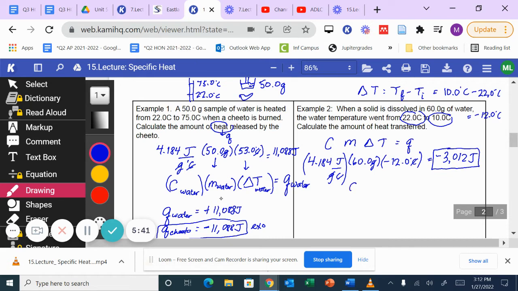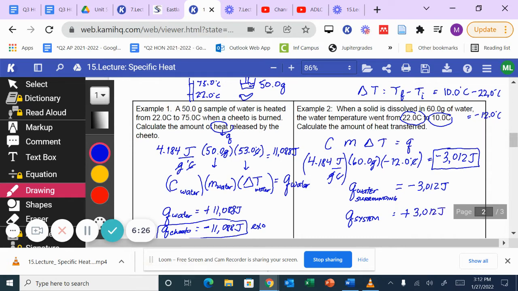Okay, let's go ahead and analyze that. This is Q, which went into the water. The water is the surroundings. Whenever we're doing this, we're measuring the surroundings, because we can't really measure the chemicals themselves. So Q of the water, a part of the surroundings, equals negative 3012 joules, which means Q of the system is the opposite, because the water lost heat, so the heat went into the system: 3012 joules.